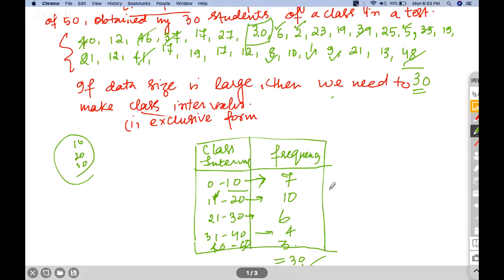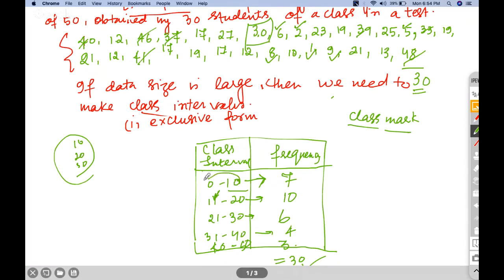Not another topic. Let me move to another concept in this. Now, there is one concept which I didn't tell you here, which is class mark.